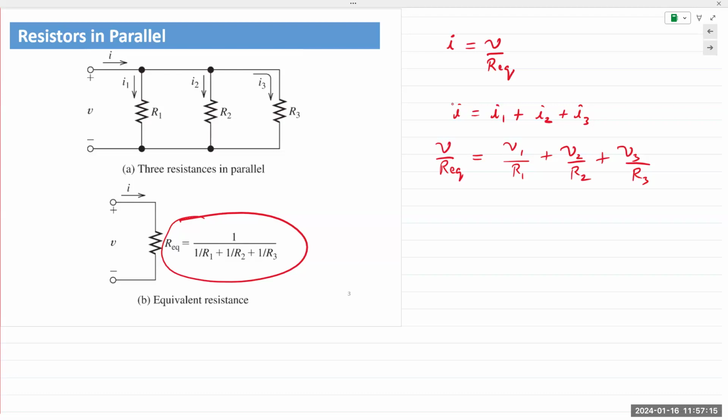Req equations can be on the equation sheet, but you should be able to understand and apply it when needed. Okay, that is more important. These are all tools in your toolbox. Okay, how to analyze circuits, how to reduce elements, and you need to understand how to use these tools. Okay. All right, any questions?